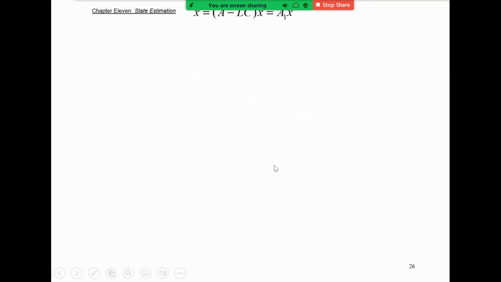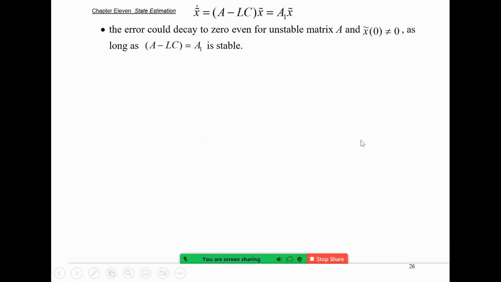Now let's take a close look at this equation. Even when A is unstable, we can design R to make this A minus LC stable. That will solve the problem. It doesn't matter whether the original system is stable or not, we can always estimate the state value.